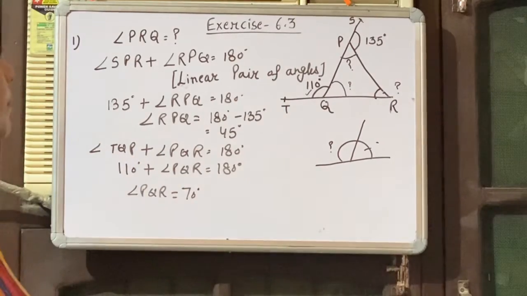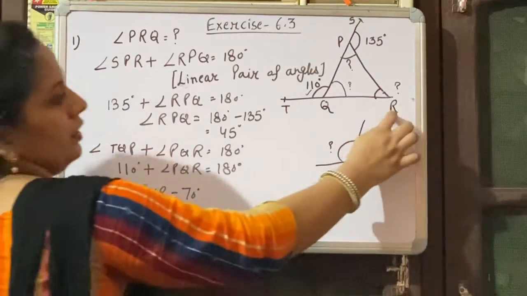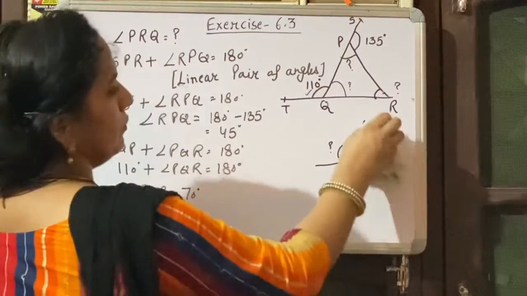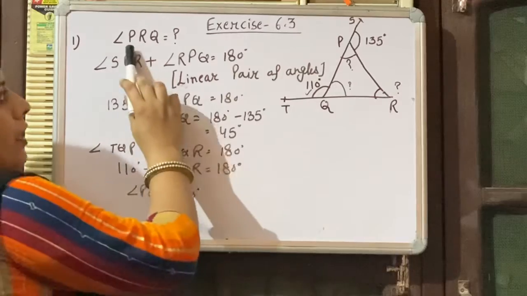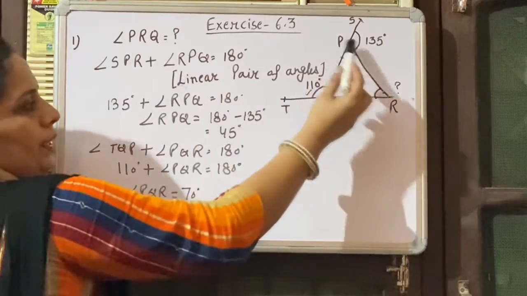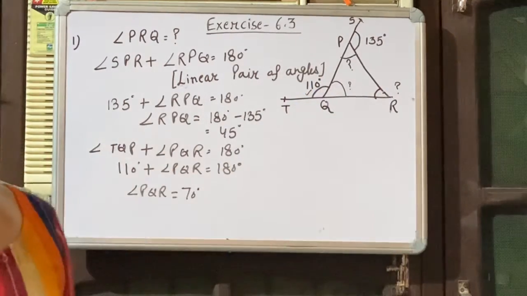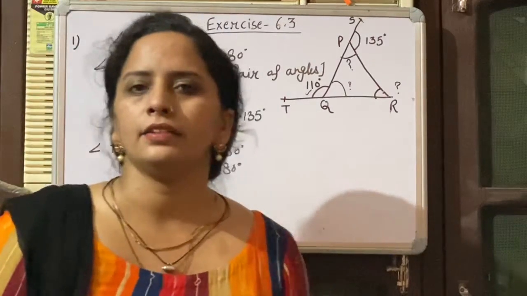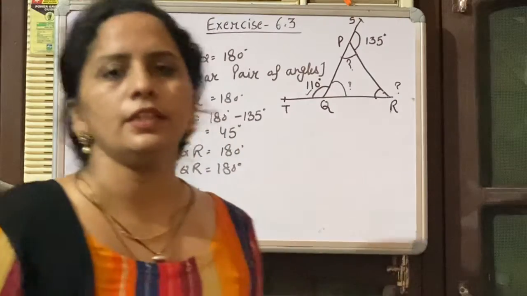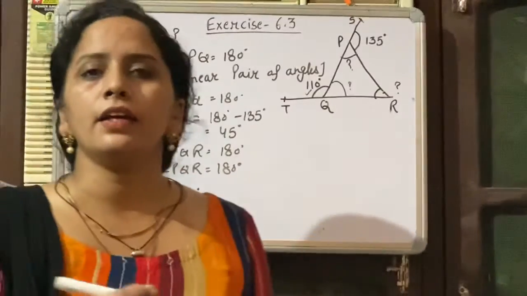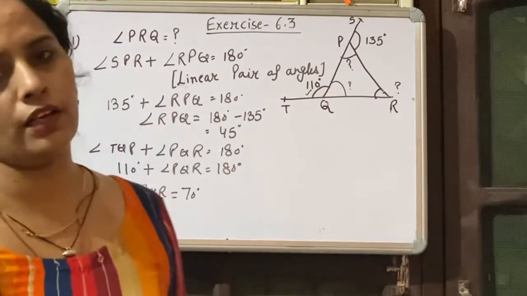Now we come to our main angle, which is asked in the question, that is PRQ. In lower classes we have studied that the sum of all angles of a triangle is 180 degrees, and this is called the angle sum property of a triangle.